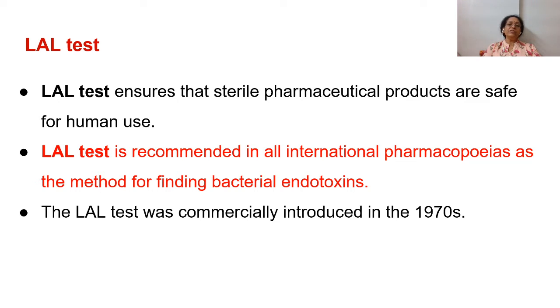LAL test ensures that sterile pharmaceutical products are safe for human use. This is the significance of the test. That is, a number of biological products which are prepared by pharmaceutical industries, whether they contain endotoxins or not, are detected in the quality assurance laboratories of that particular pharmaceutical industry.